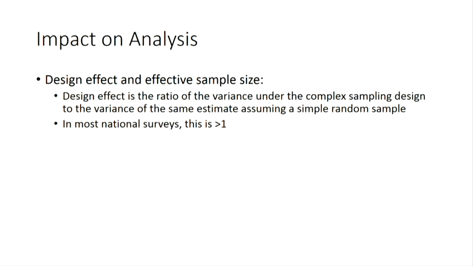In most national surveys, this design effect is greater than 1, meaning the variance is larger in a complex sampling design than if they were from a simple random sample.